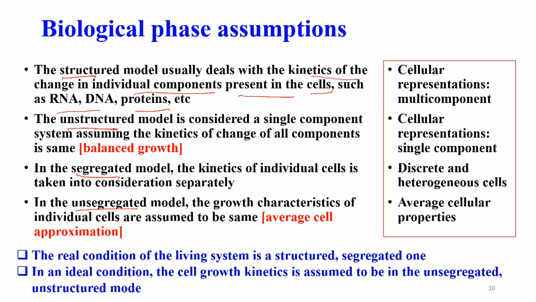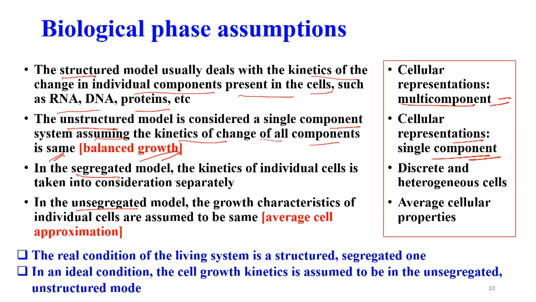So each cell is considered multi-component. When the cellular representation is multi-component, it is a structured model. The unstructured model considers a single-component system, assuming the kinetics of change of all components is the same. In fact, that is also called balanced growth. So when cellular representations are single component, that is called an unstructured model.